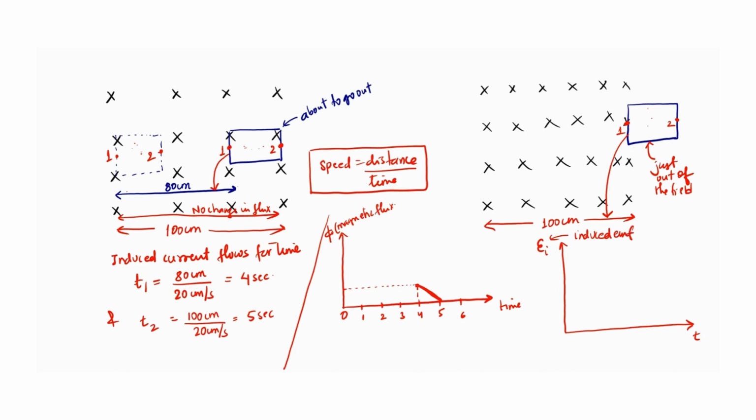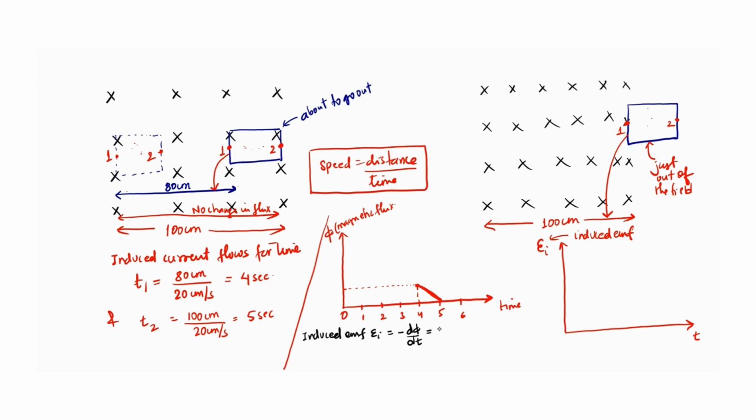Now, we know this. Induced EMF EI, so I'm writing in this way. This equals minus change in flux, d phi by dt. So we can write in this way. Clear?